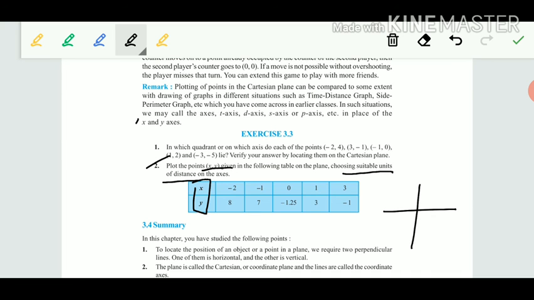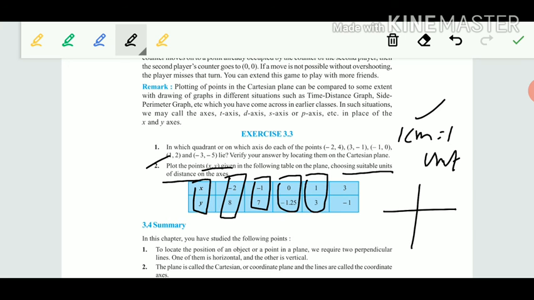You can take 1 centimeter equal to 1 unit, or if you want, 2 centimeters equal to 1 unit, that is also correct. Take a scale of your choice and plot these points on the Cartesian plane. Do this question on your own. This question is the same as example number 4.